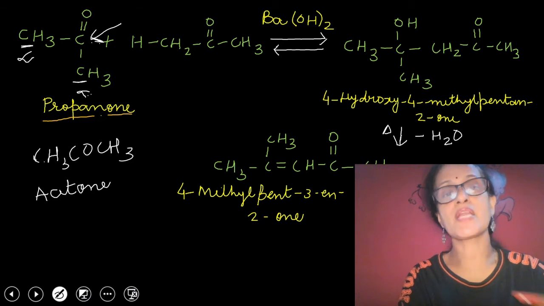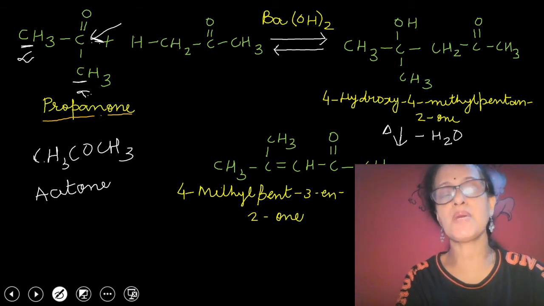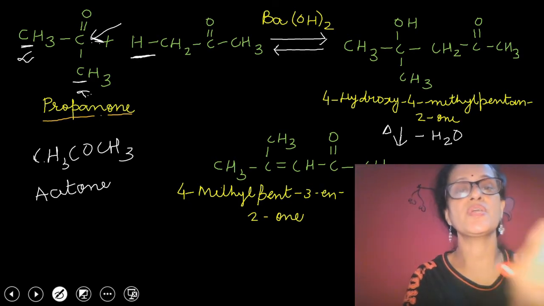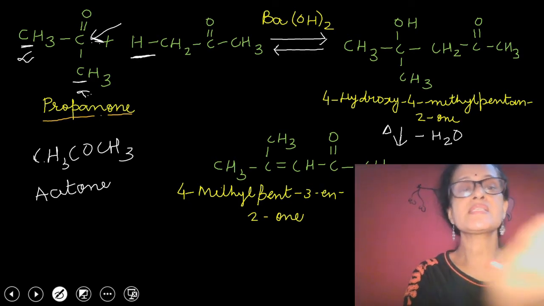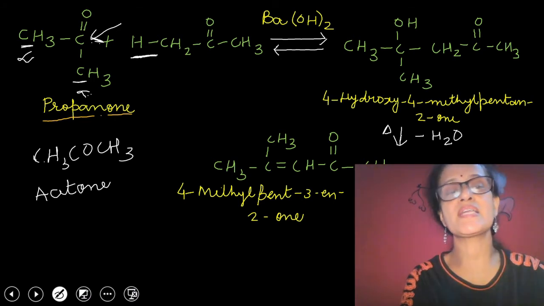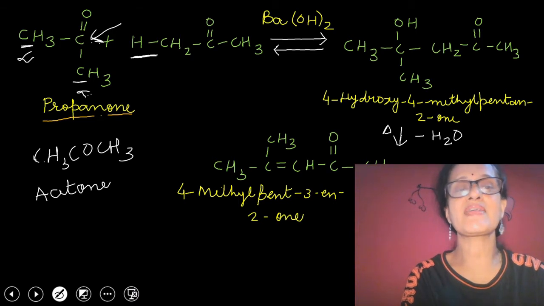Now another important point which you must remember is that in Aldol condensation always the alpha hydrogen atom of the second molecule will take part in the reaction. So this is the alpha hydrogen atom of the second acetone molecule which I have underlined here. So when 2 acetone molecules combine together in the presence of barium hydroxide, they will react like this.